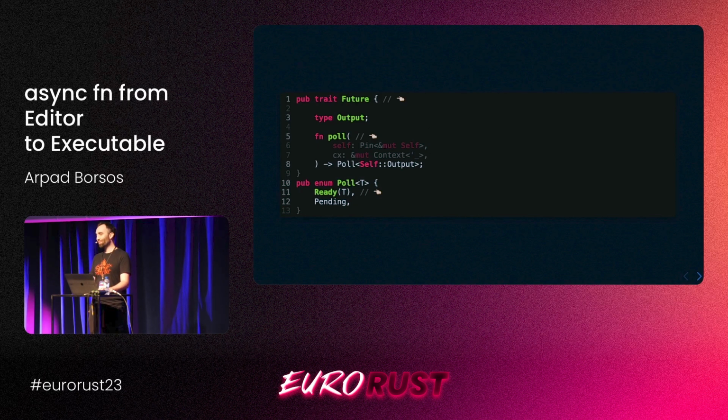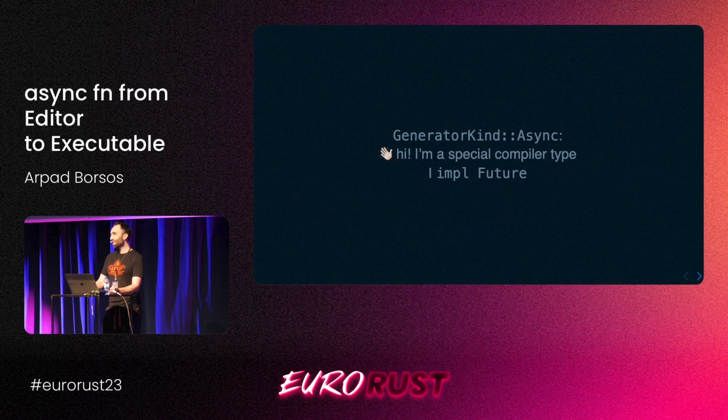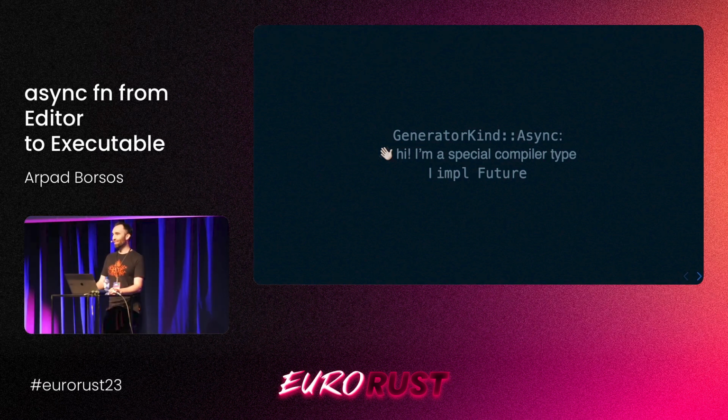So essentially, in the compiler, we have this special generator that's a special compiler type, which just happens to impl the Generator trait with some compiler logic, some compiler magic. And what we need to do is teach the compiler that, hey, I have this other special generator that's actually some async block that's also special to the compiler and that just happens to impl Future.